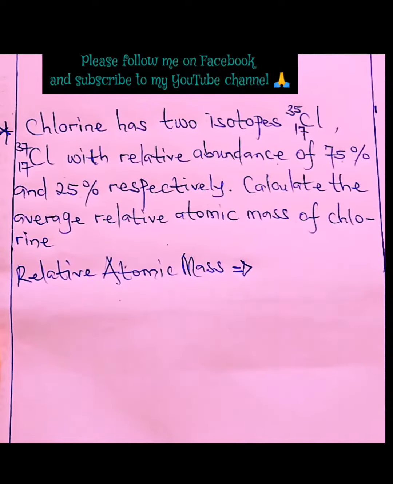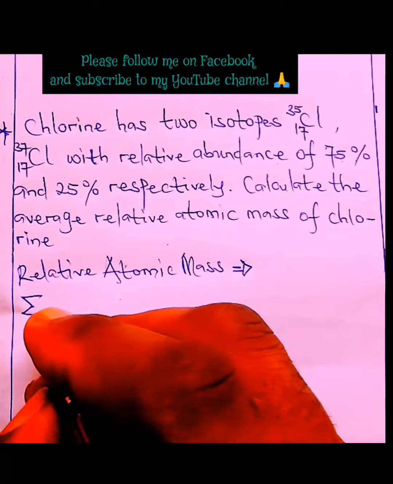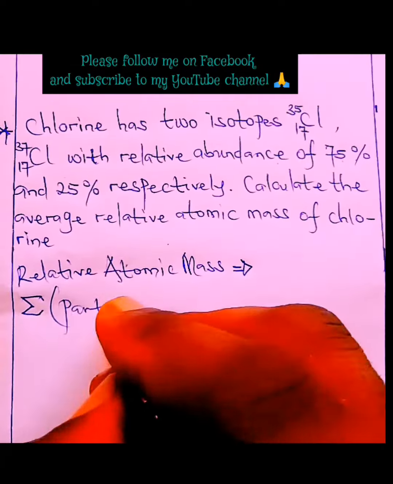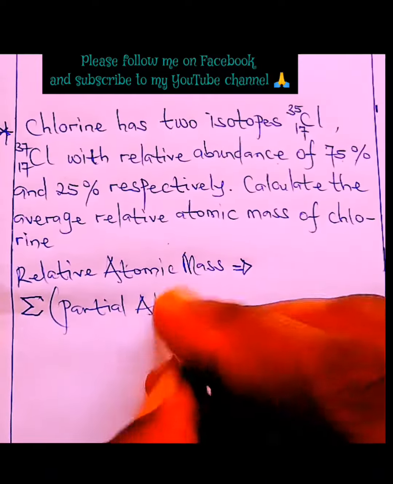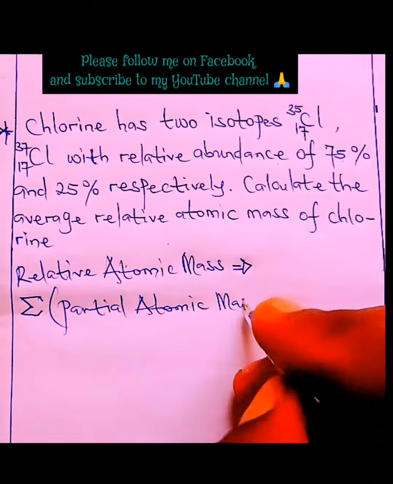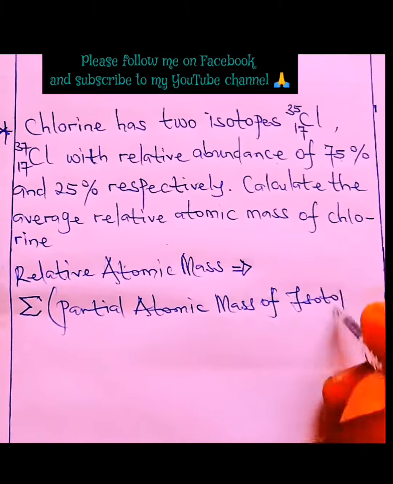It's very, very simple. We just have to get the summation, which is sigma, of the partial atomic mass unit, or the partial relative atomic mass unit, of each of the isotopes given to us.